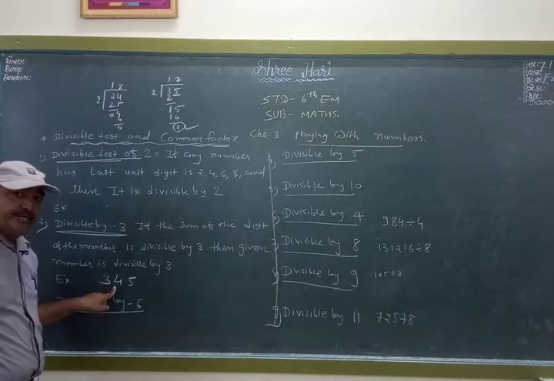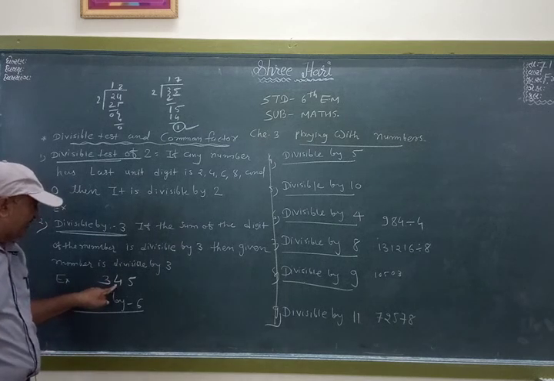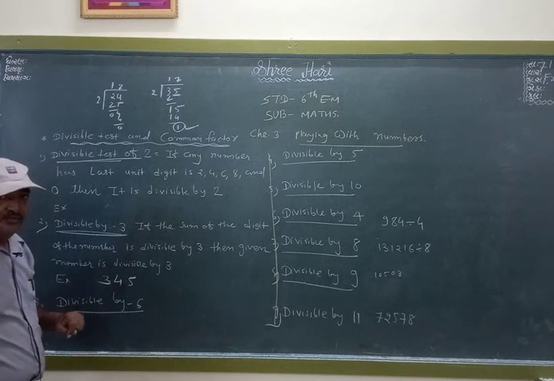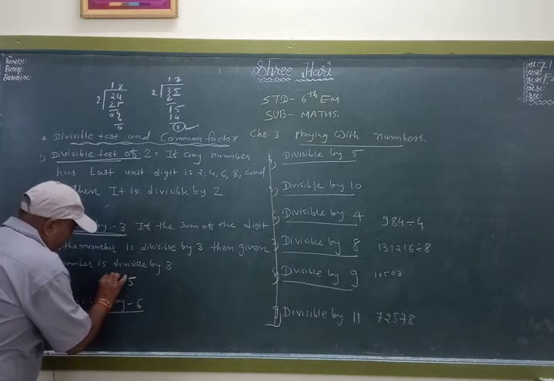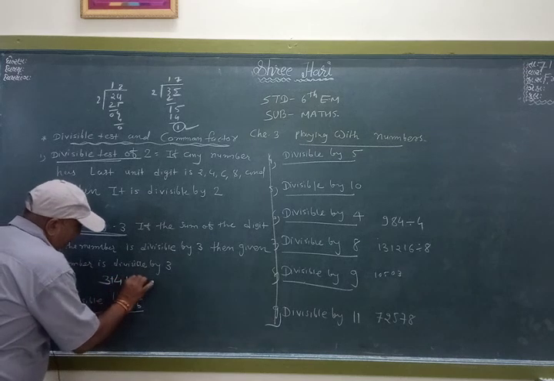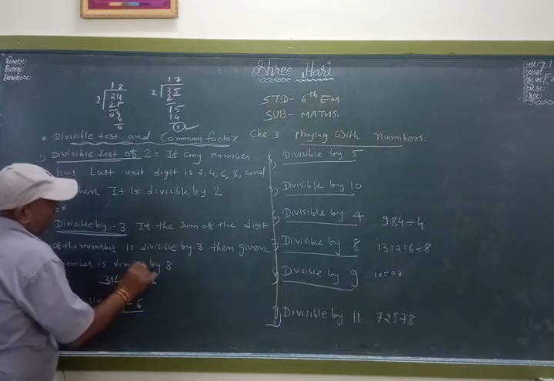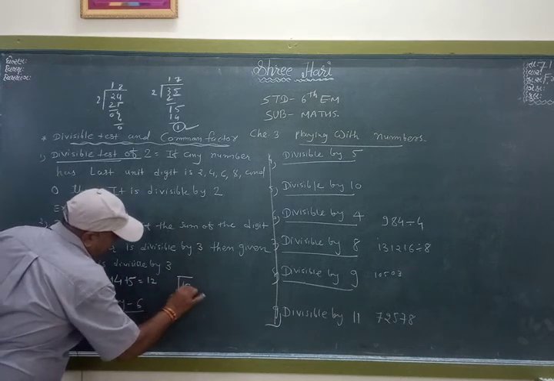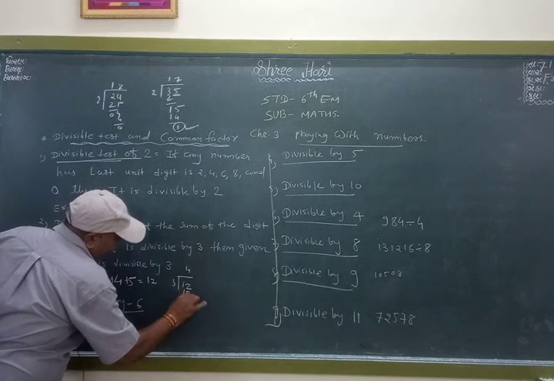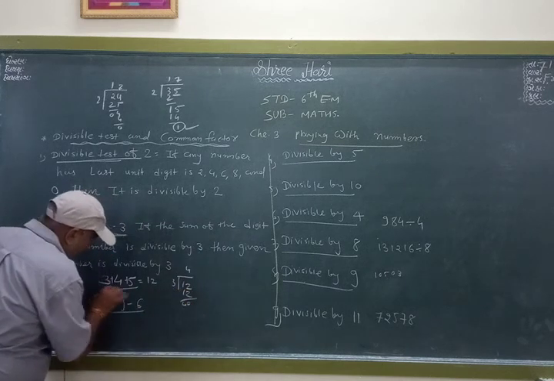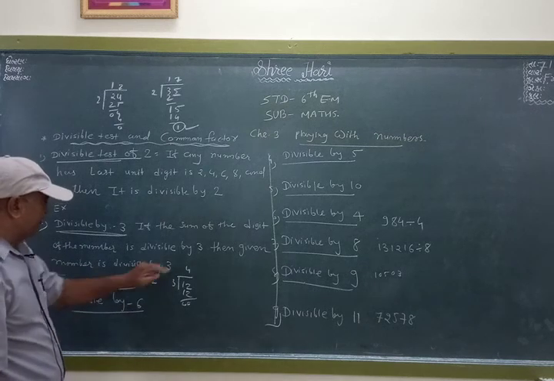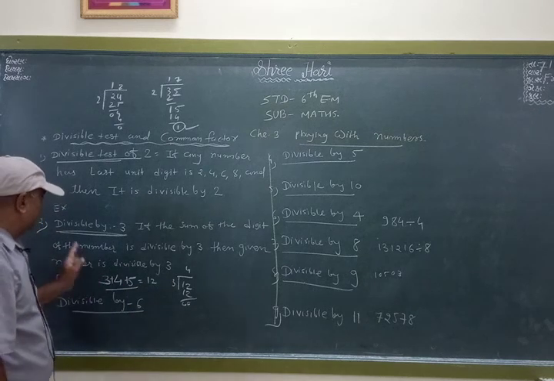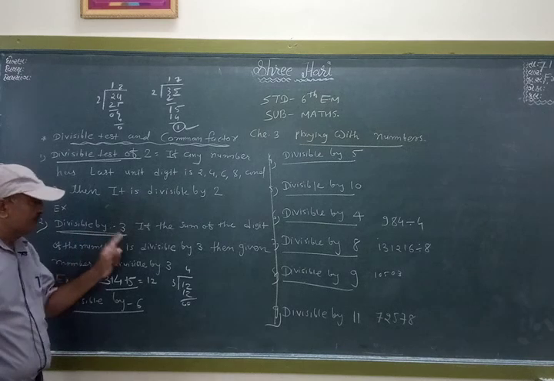How can I say that I can divide this number by 3? First we have to add the digits. 3 plus 4 is 7, 7 plus 5 is 12, and 12 is divided by 3, 4 ja 12. So this whole number is also divided by 3. So this is the divisible test of 3.